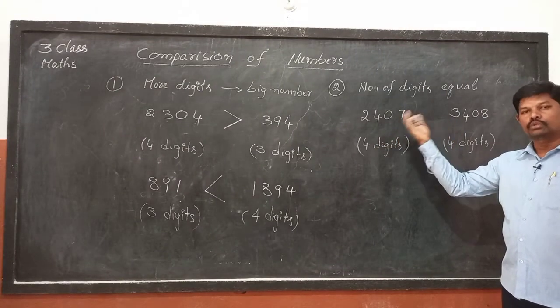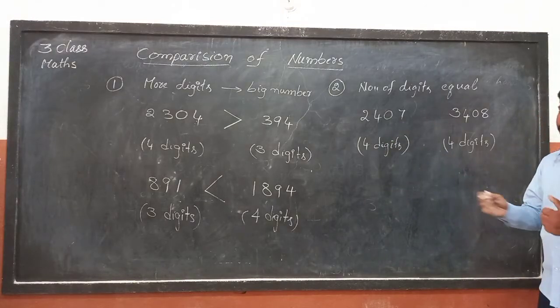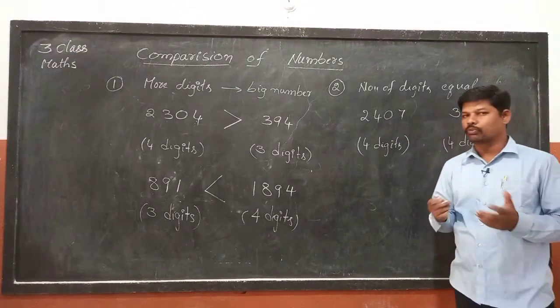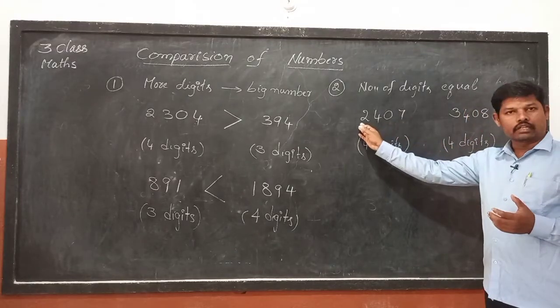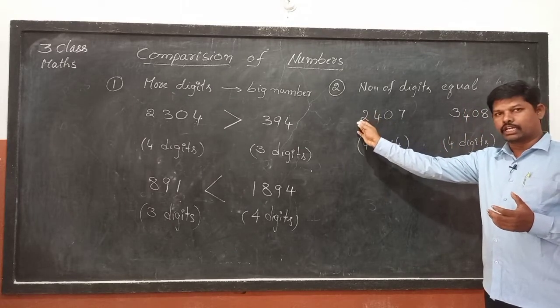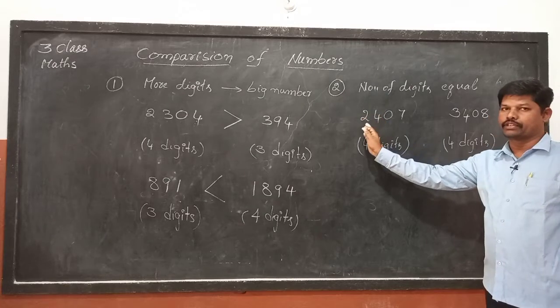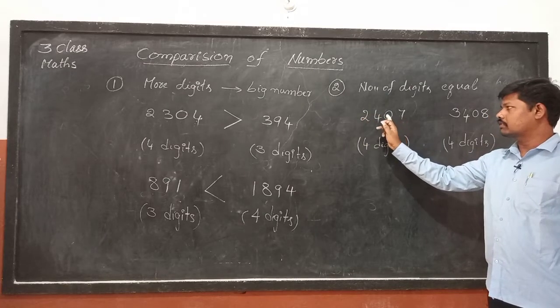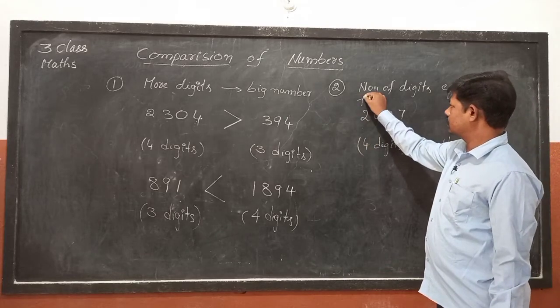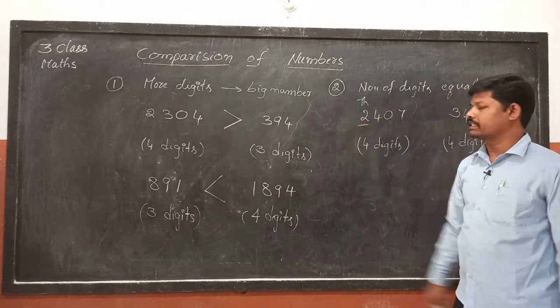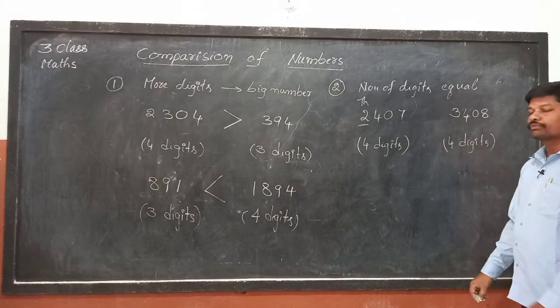Then how do we identify which is a big number and which is a small number? We have to see first the highest place: ones, tens, hundreds, thousands. In the thousands place, what is the digit present in the first number?